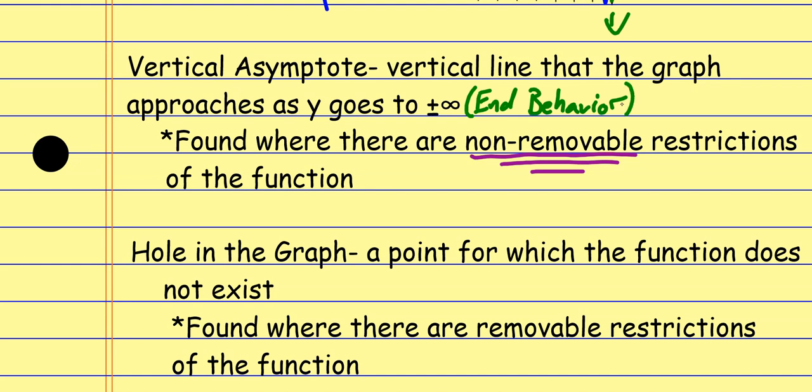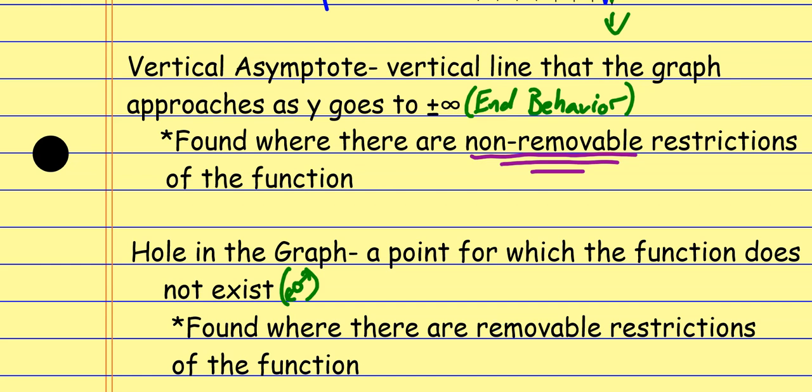A hole in the graph is a point, and we didn't have one of these in the previous example, for which the function doesn't exist. It's just an empty, blank spot. So when we see a hole in the graph, we graph it like an open dot. Maybe I have a line and there's just a point missing. That's a hole in the graph. It's just an empty spot where the thing doesn't exist. This comes from the removable restriction.